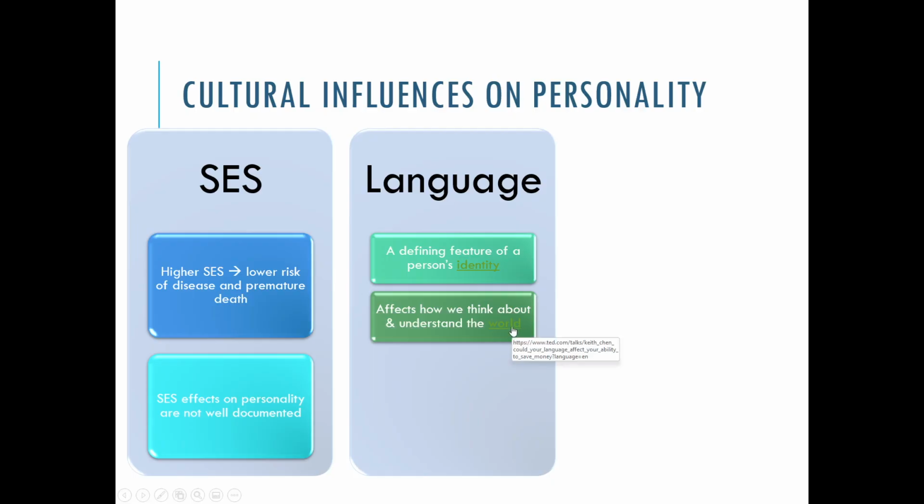So, for example, when we talk about something as simple as colors, the colors that you're looking at on the screen right now are shades of blues and greens, right? There are cultures in the world that don't have different words for blue and for green. They use the same words to describe things that are blue and things that are green.